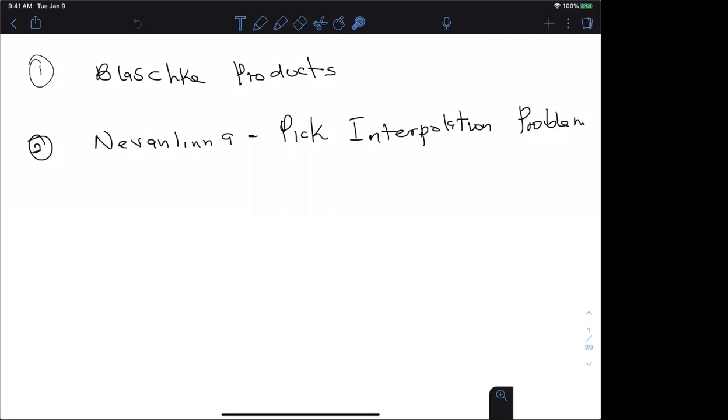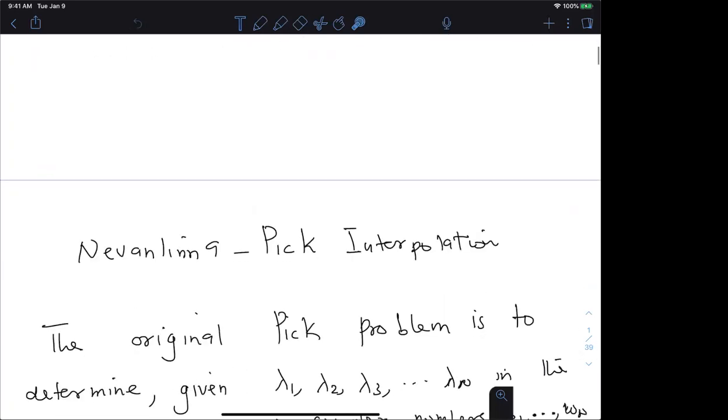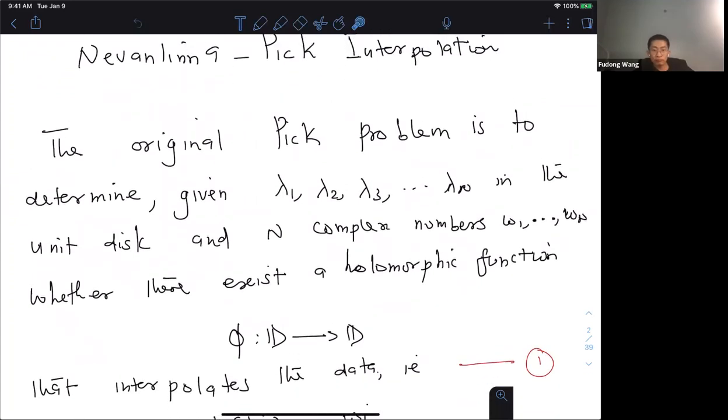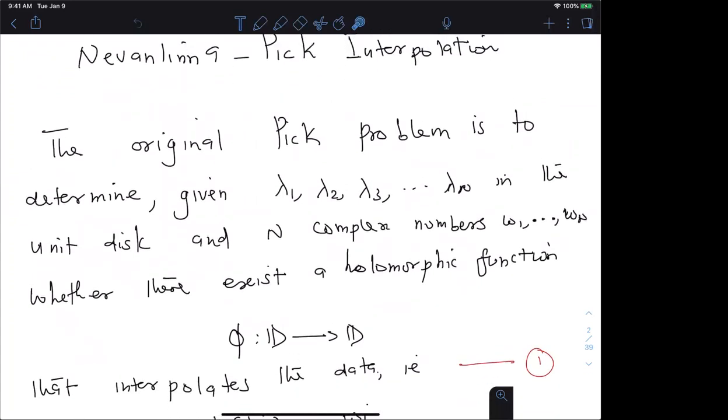the Nevanlinna-Pick interpolation problem. But before we get into it, let me give a brief statement of the problem. The Nevanlinna-Pick interpolation problem was formulated in the early 20th century by Pick.